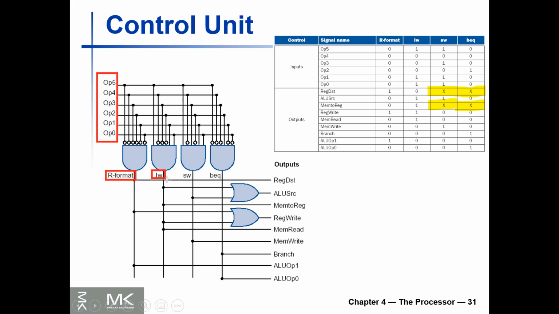This is LW, this is SW, this is BEQ. Then 9 control signals are there, which come out like that. This circuitry is inside the control unit, which generates these 9 control signals according to the opcode. So opcode is the input for it.